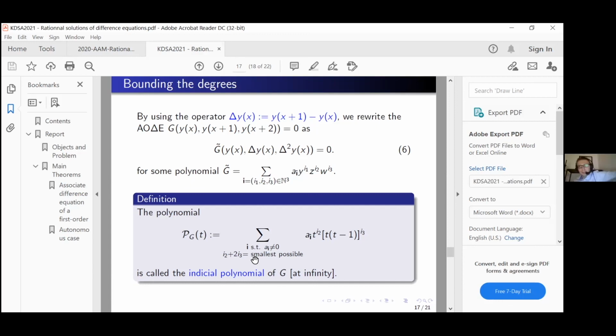But how do you know the initial conditions then? How do you choose the initial conditions for the power series solution expansion?